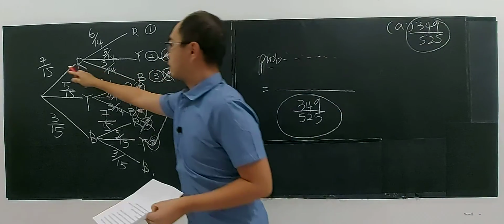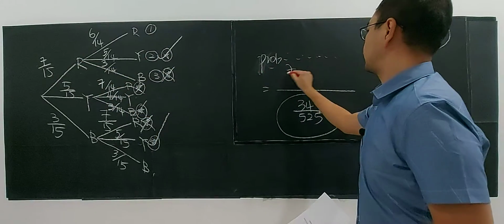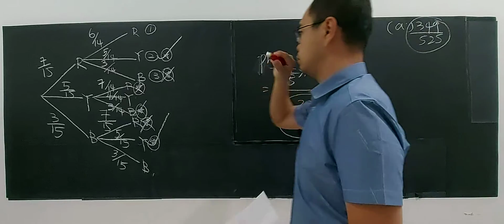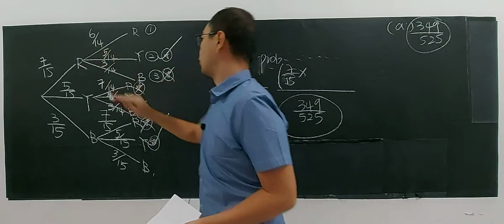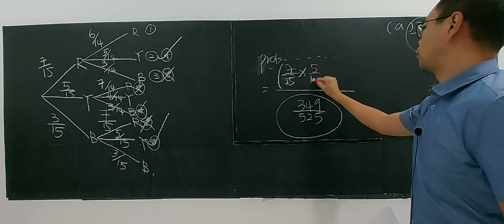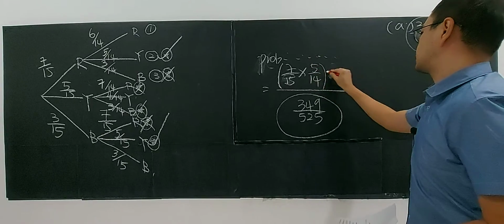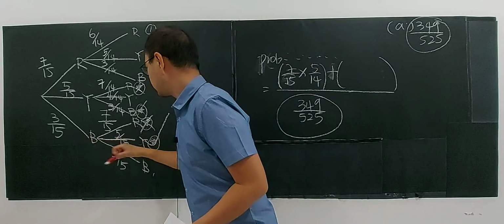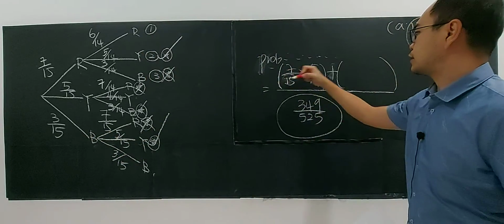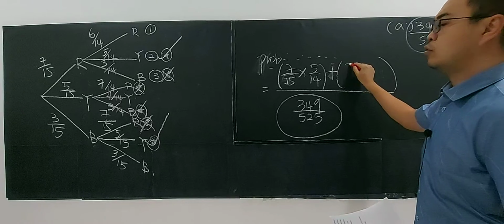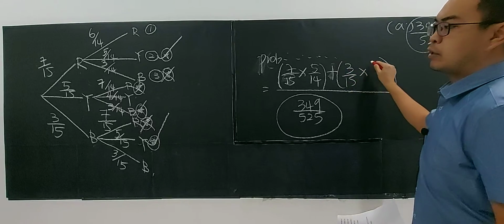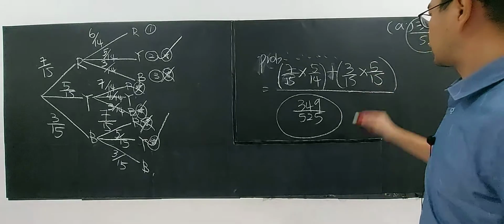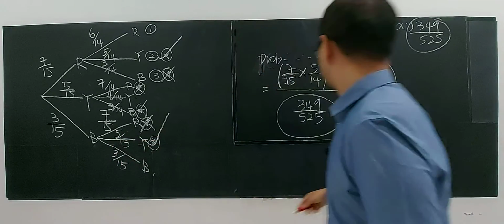So you take 7 over 15, sorry, 7 over 15 multiplied by 5 over 14, plus, or maybe this one, first one blue, second one yellow, or first one red, second one yellow. So first one blue is 3 over 15, second one yellow is 5 over 15, right?